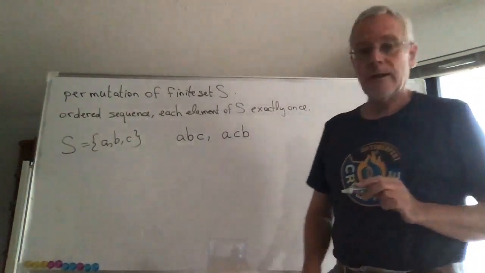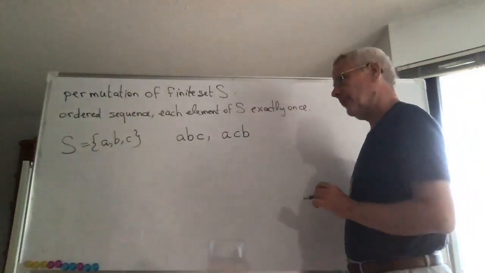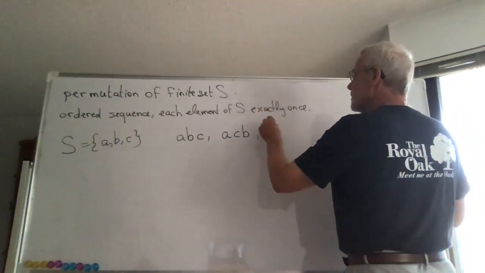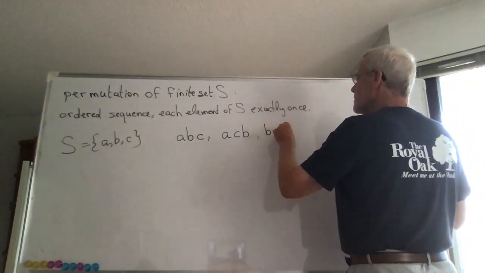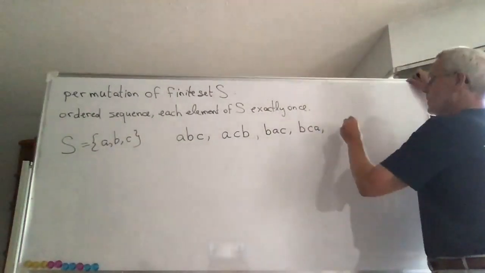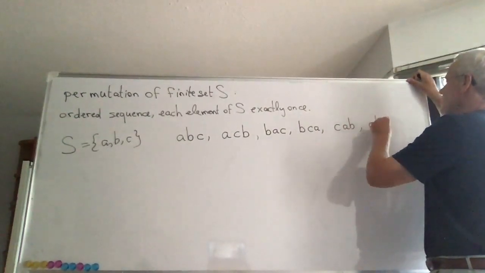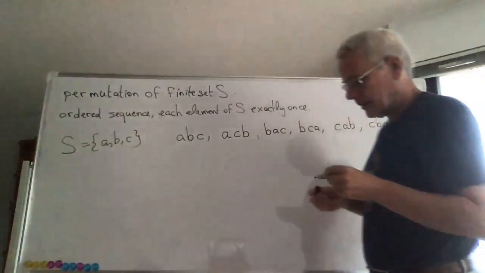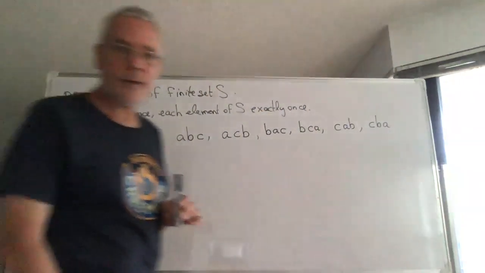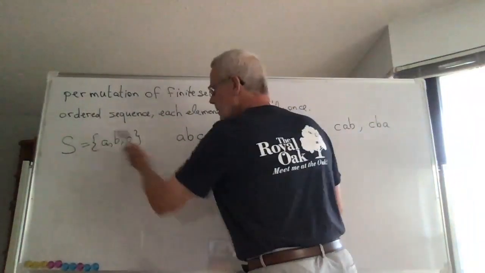You write down every element of S exactly once, and then you specify the left to right order. Other permutations are B, A, C, B, C, A, then there is C, A, B, and there is C, B, A. So these are all possible permutations of the set A, B, C, and these are the different ways in which you can order these elements.